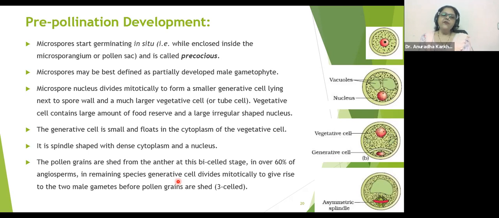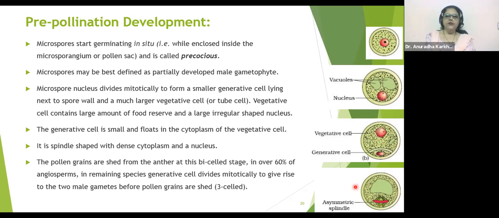The generative cell will undergo one more mitotic division. So now the pollen grain will be having three cells. Which are the three cells? Two male gametes and one more vegetative cell. Correct?